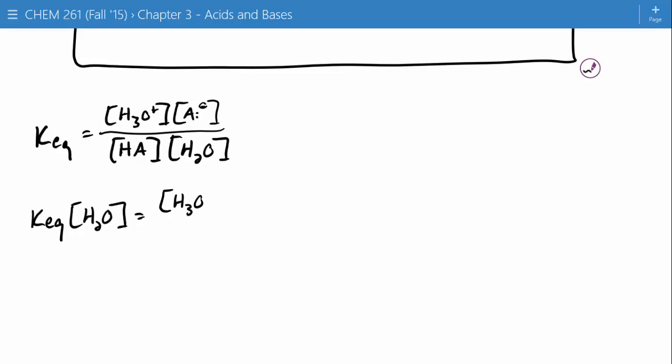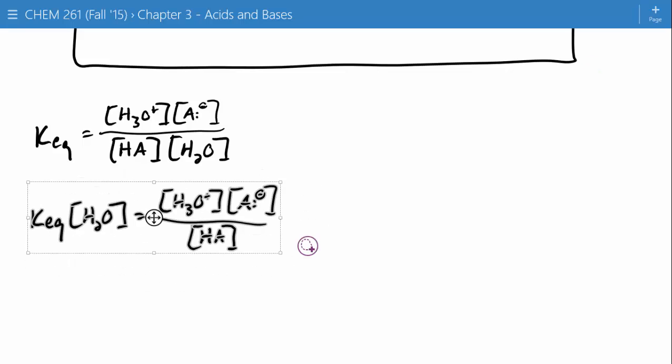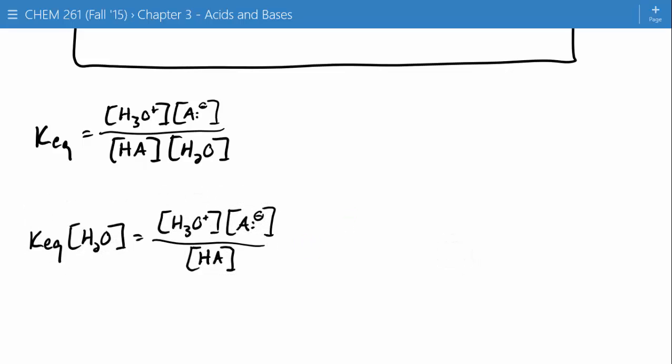So now we've still got hydronium on the top and our conjugate base on the top. But now on the bottom we just have HA. So we're treating water, the concentration of water, more or less as a constant.